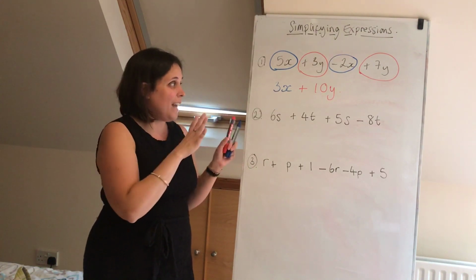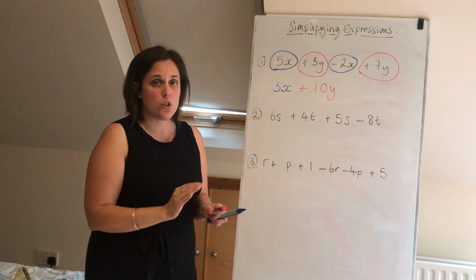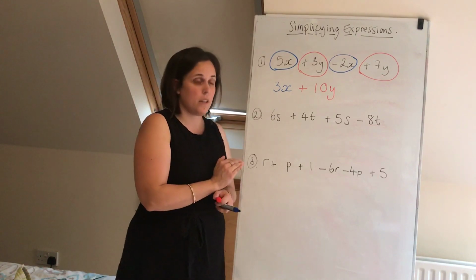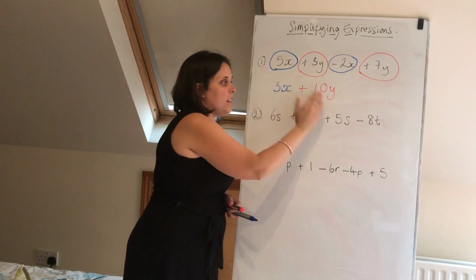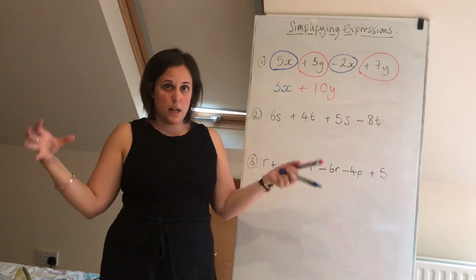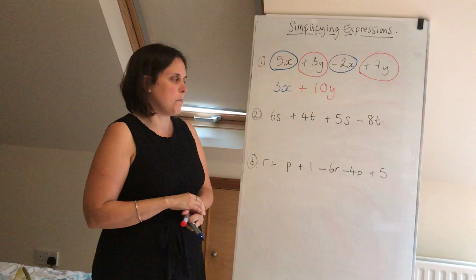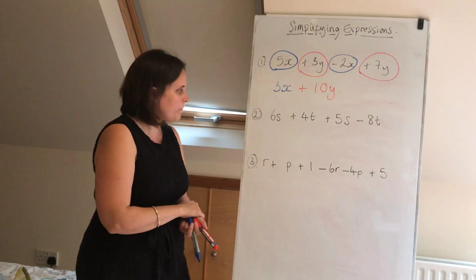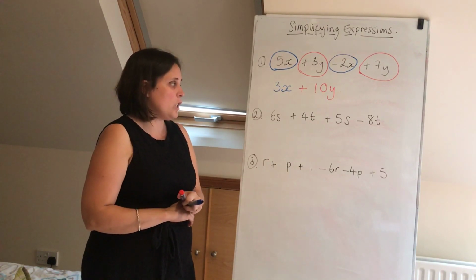But basically there, at that point, that is your answer. You can't do anything else because this is an x and this is a y, and it would be like collecting apples with bananas. They're separate, they're different things, you're not allowed to put them together. So that's it. Then we move on to question number 2.